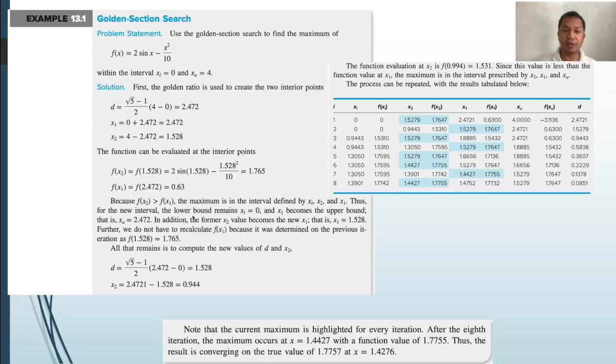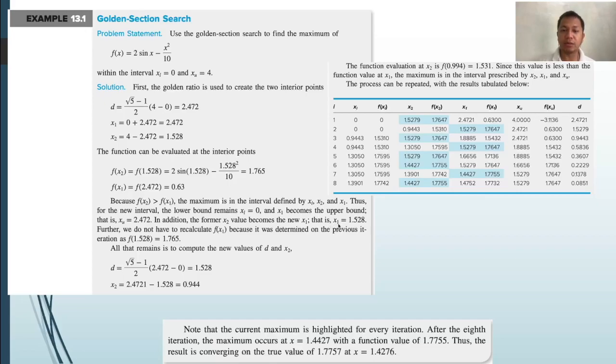Thus, for the new interval, the lower bound remains 0, or xl is equal to 0, and x1 becomes the upper bound. So xu becomes 2.472. In addition, the former x2 value becomes the new x1.